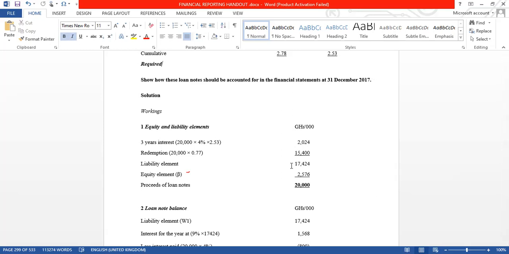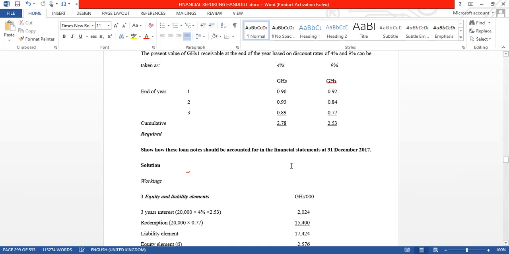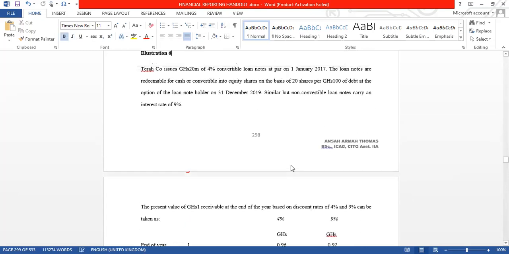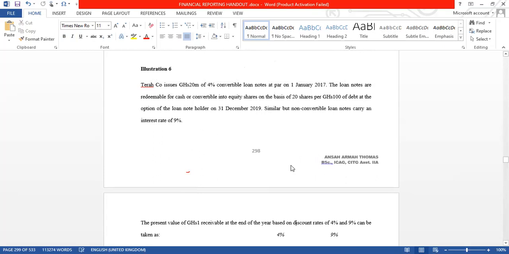Let's look at this illustration, and if it's not there, I'll show you how you are supposed to go through with your self premium concept for your subsequent measurement. Before I do this, let me just go to the board and show you in a simple example. Then we will use this illustration to end the class.